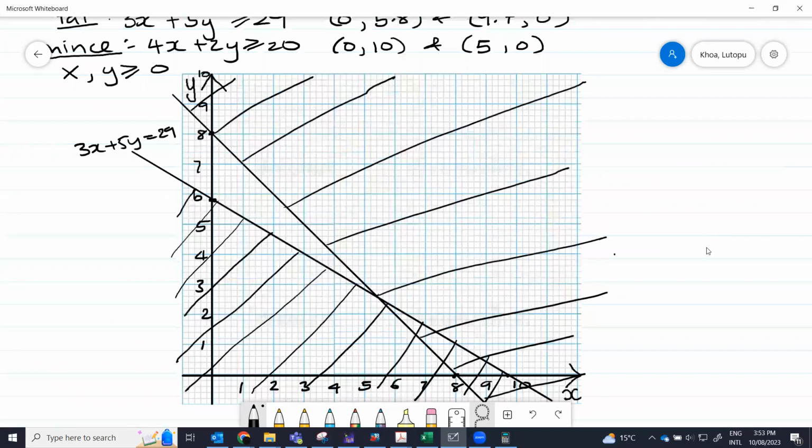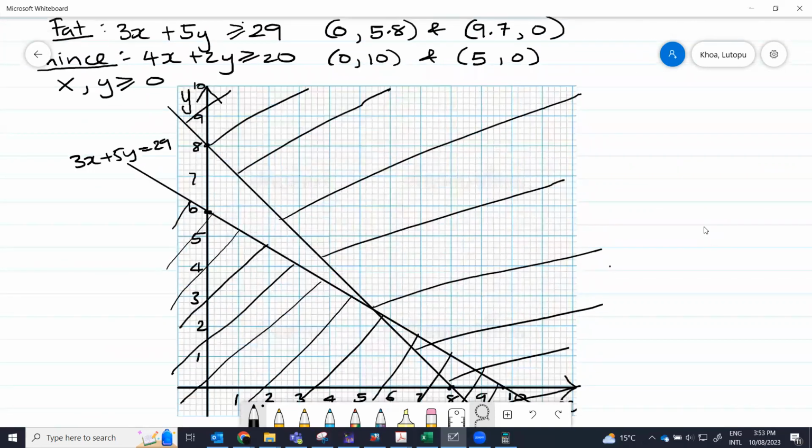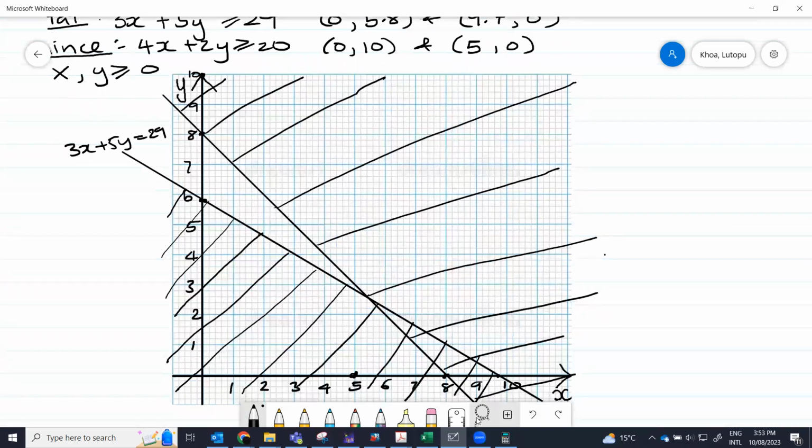Okay, and then we have the line 0, 10, and then 5, 0. Then you take your ruler and you connect the 2 points.